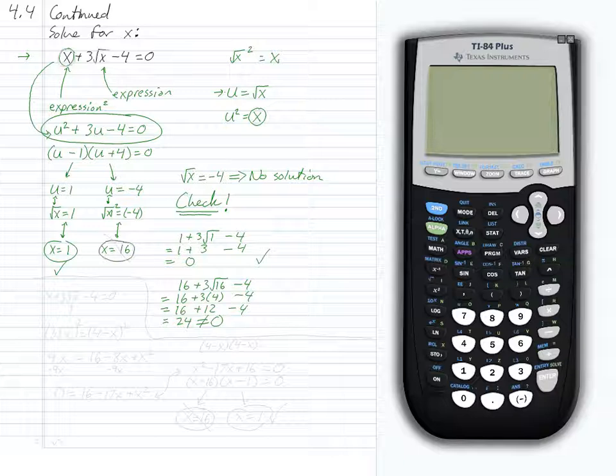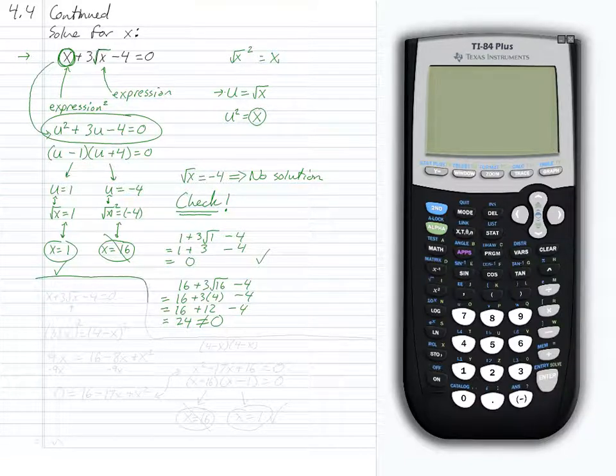So x equals 16 is an extraneous solution and therefore not one of our answers. So that is how to handle quadratic forms. If you have a quadratic form, try to identify which is the smaller, in a sense, version of the variable and which is the version of that variable squared. So here we have something, and here we have something being squared.